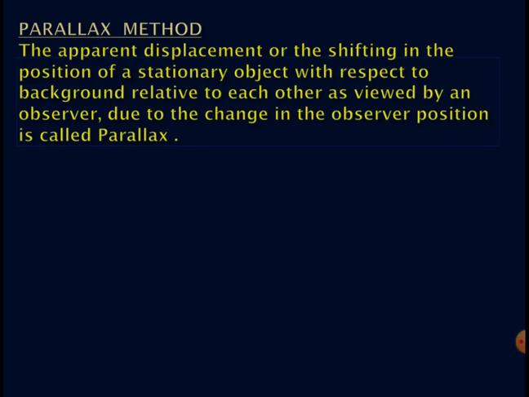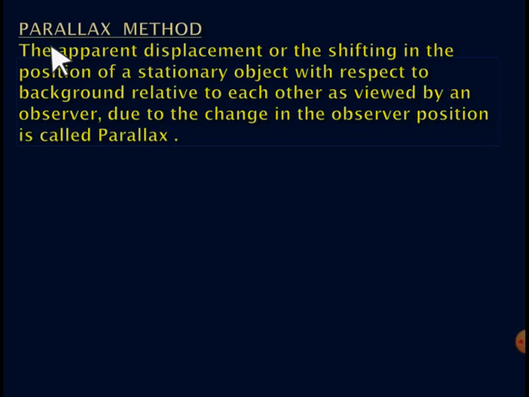How do we measure these very long distances? We can't use a measuring scale or tape to measure the distance of the moon from the earth, right? So we need to use some indirect method, and one of the indirect methods used to measure these large distances is the parallax method.